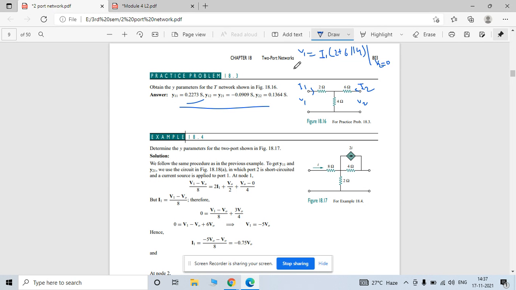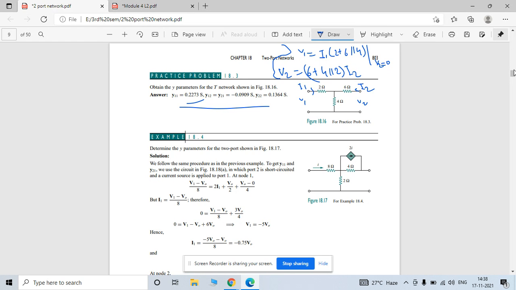This is the first equation, right, and for the second terminal, V1 is equal to 0, right, so what is V2? V2 is nothing but your 6 plus 4 parallel with 2, right, into I2. So from here also you will get one parameter, right.